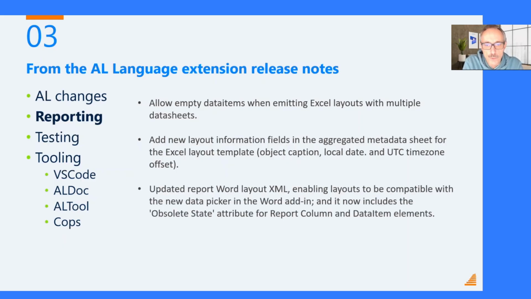And then in the Word layout XML, there's a modification, so you can now use the new data picker in the Word add-in, and it also contains an obsolete state attribute, because of course report fields could also become obsolete. So you can see in your Word document that you are using obsolete data if you select that field.